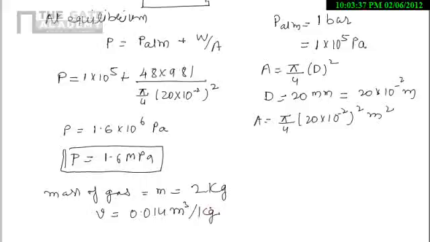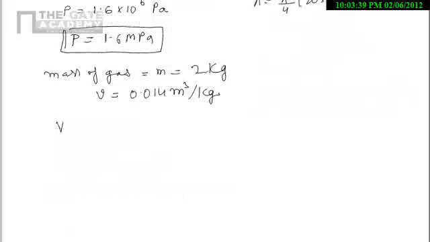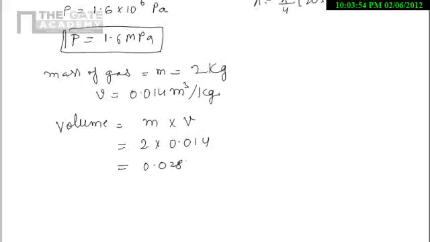So now we have to find out volume. So volume will be mass into v, so 2 into 0.014. So volume will be 0.028 meter cube. By this way we can find out the volume, that is 0.028 meter cube.